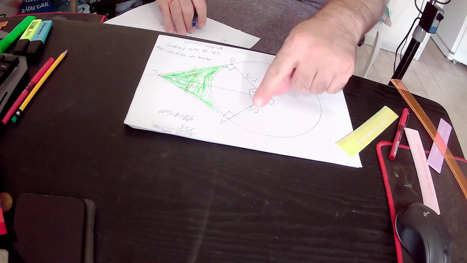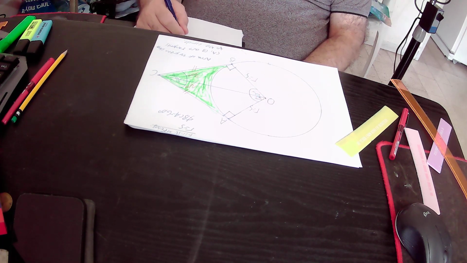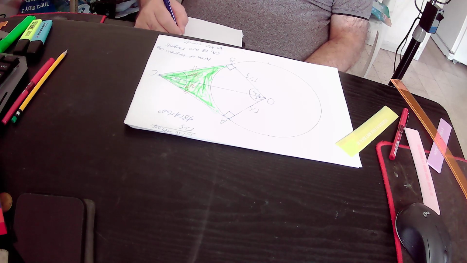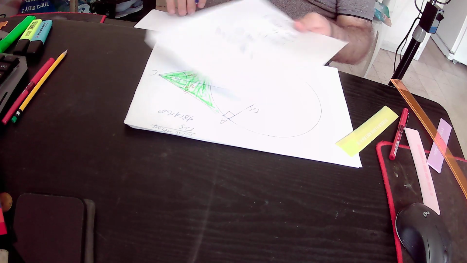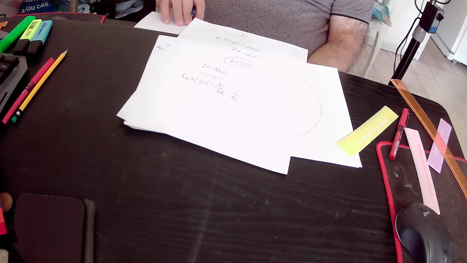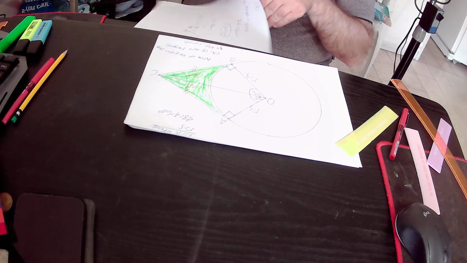But we know that AO equals 5 units, it is the radius of this circle, so we substitute AO by 5, over AC. Okay, we know that tangent 30 degrees equals 1 over root 3, so I write it down.